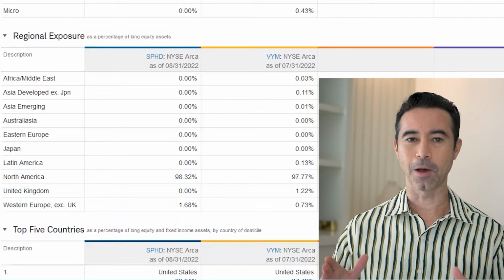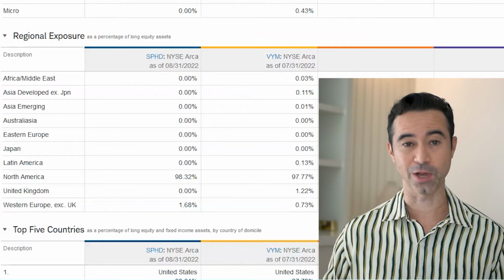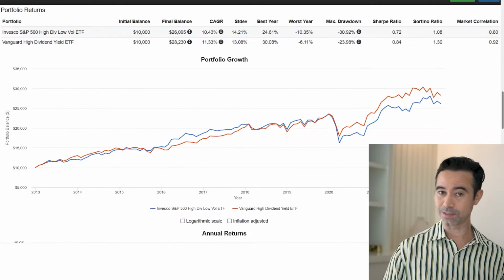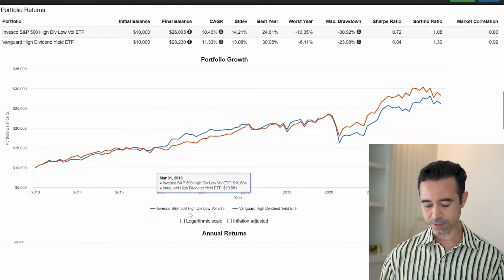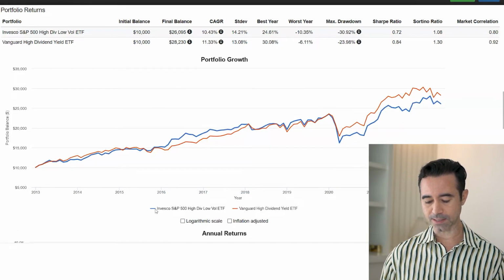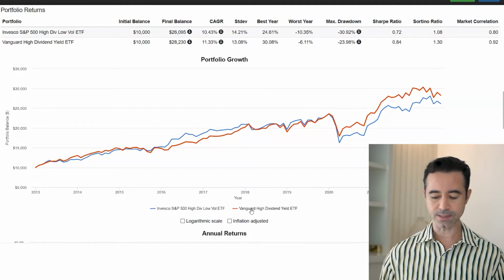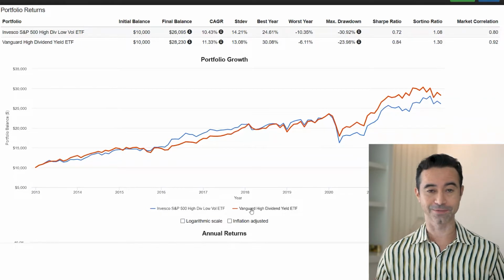Let's talk now about how these have performed versus each other. So these are returns of SPHD versus VYM. If you look down here, the blue line is SPHD, the red line is Vanguard. Pretty easy because Vanguard's logo is red, right? So you should be able to remember that.